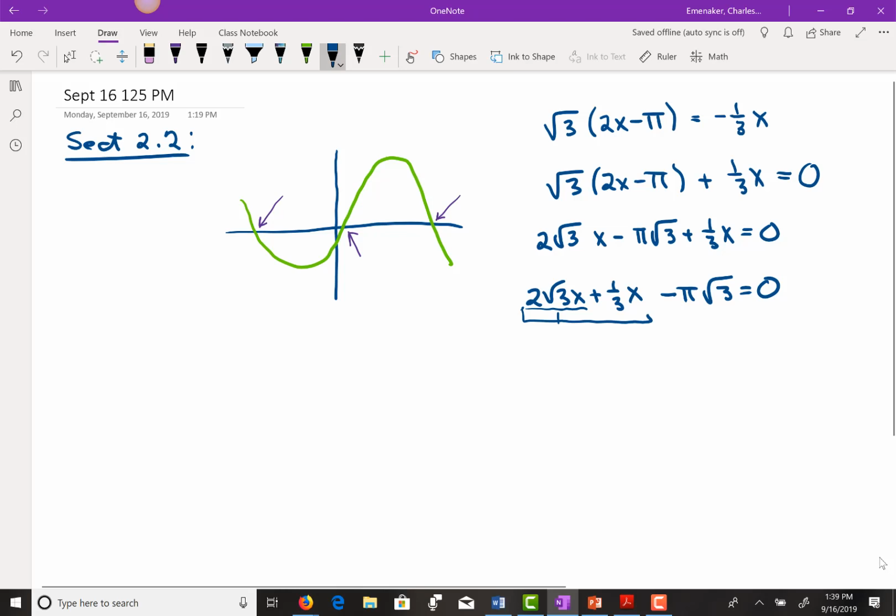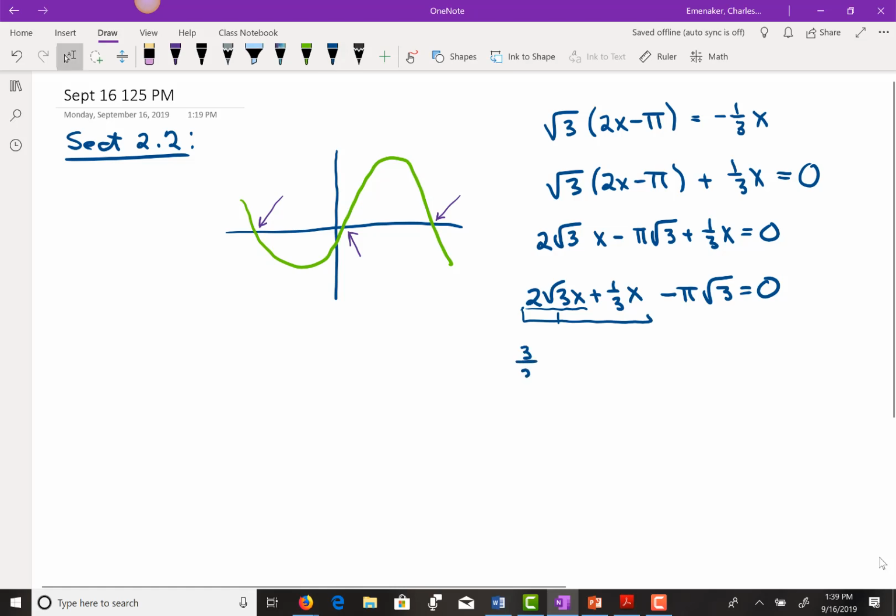We could get a common denominator and add those two things together. Well, the common denominator would be what? 3. So the first part there, we're going to multiply that by 3 over 3.